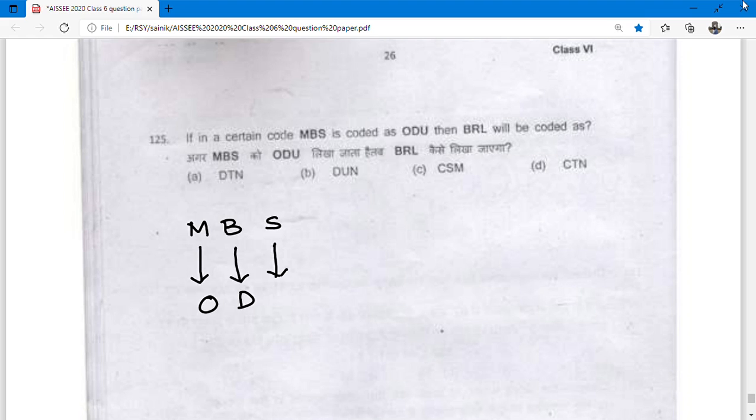MBS is coded as ODU. So you should know the English alphabets. After M, N, O. So plus 2. B, C, D plus 2. S, T, U plus 2.